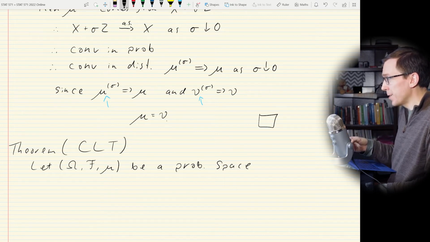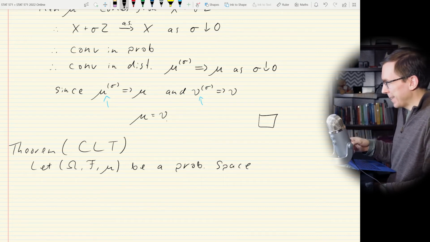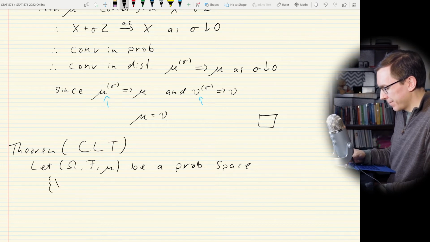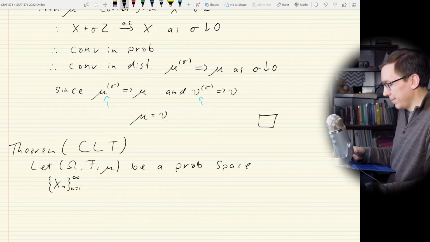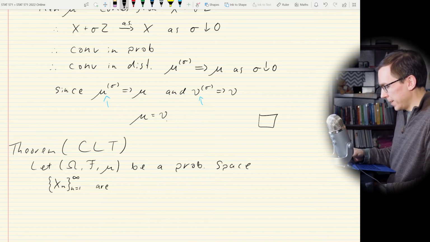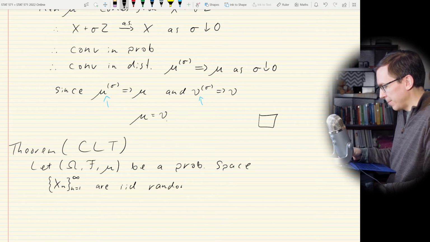Yeah, last time I used omega, F, P, now I'm using omega, F, mu, but same thing, right? Doesn't really matter. X_n, n from 1 to infinity, are IID random variables, right?